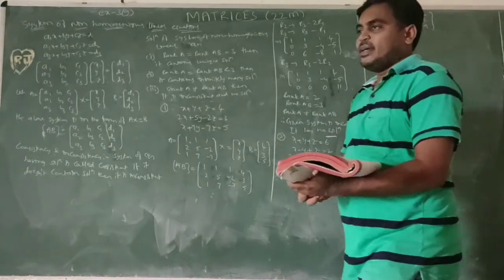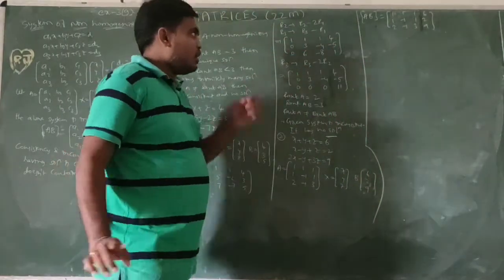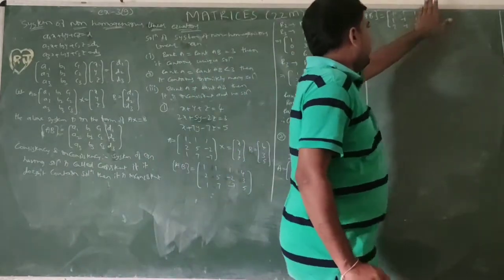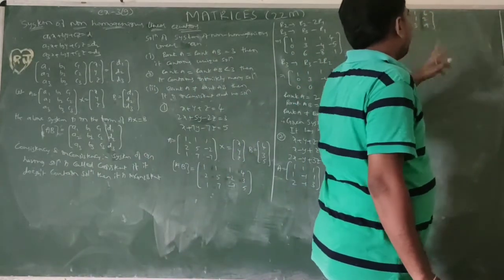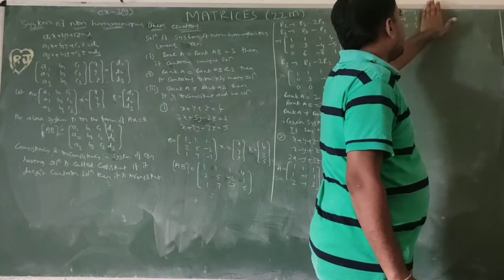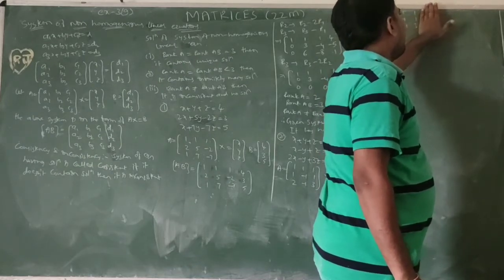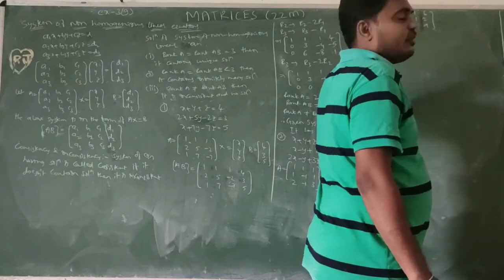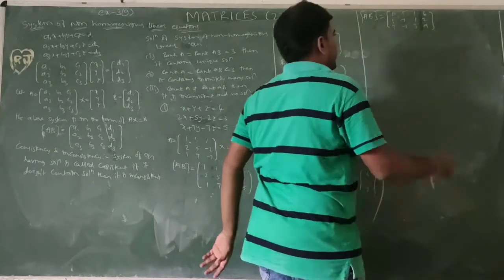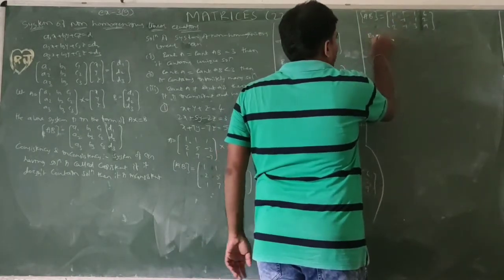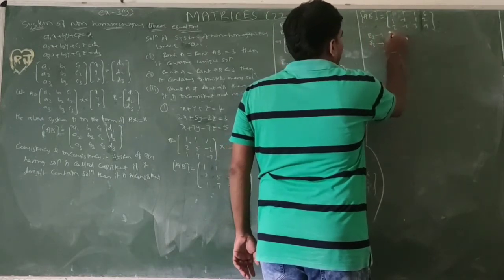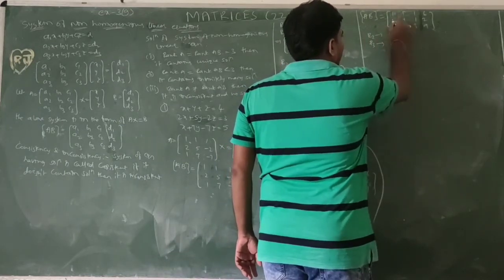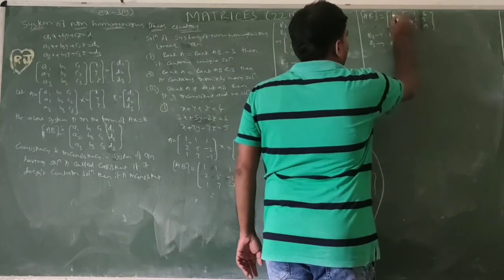So this is the augmented matrix A B. In this, I want to convert A up to this one. In this A, the diagonals are 1, -1, 3. Below the diagonals are 1, 2, -1. We need to convert these three positions to 0, with the help of R1, R2, R3.